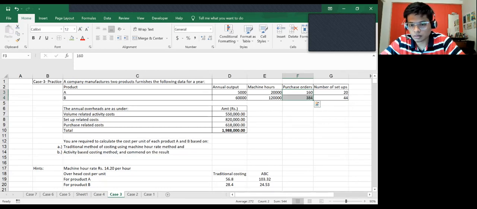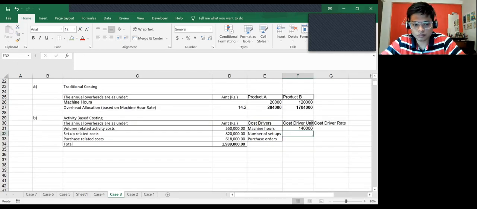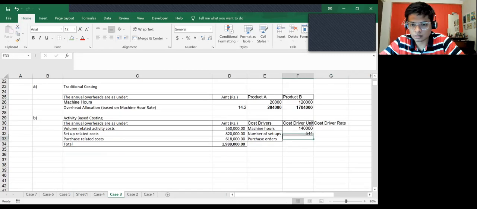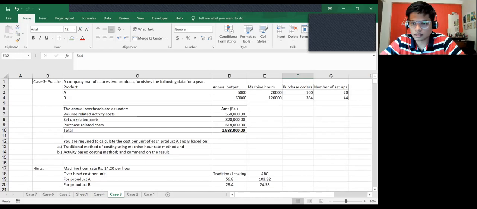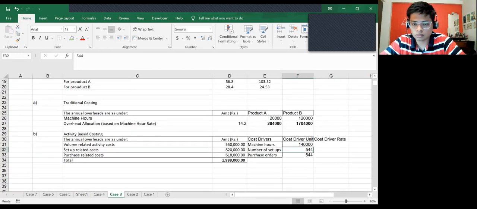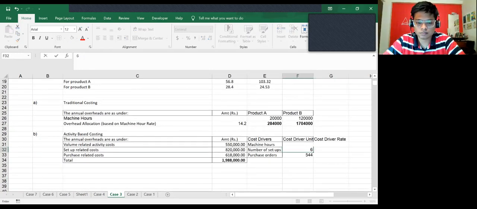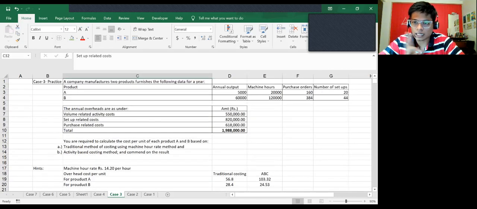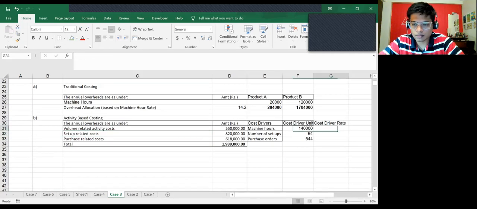Purchase orders are 544, and number of setups is 64. Again, like I was saying in the previous question, setup cost is given over here, but the number of setups is given on the right side, so be careful of that.